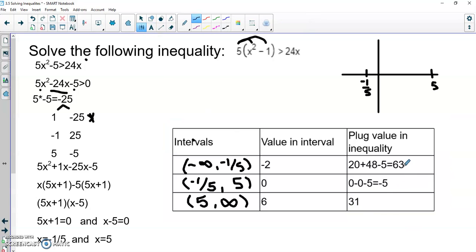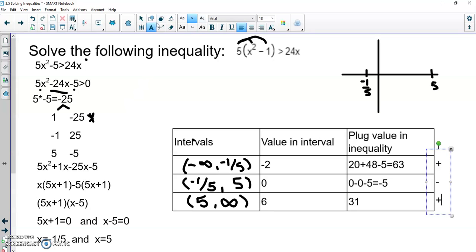So I want to stress here, when I plugged in -2, a value in that interval, I got a positive solution. When I plugged 0 in from that interval, I got a negative solution. And then when I plugged in 6 from that interval, I got a positive solution.